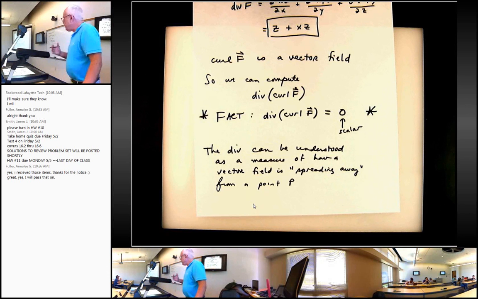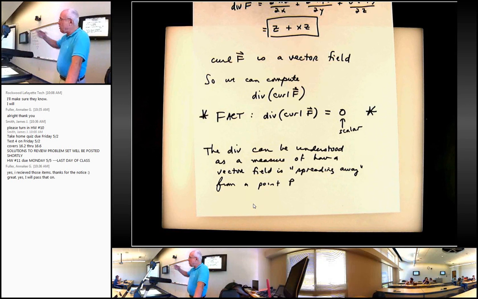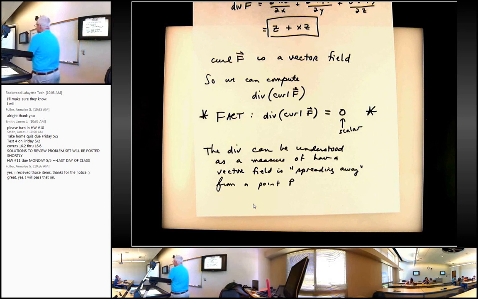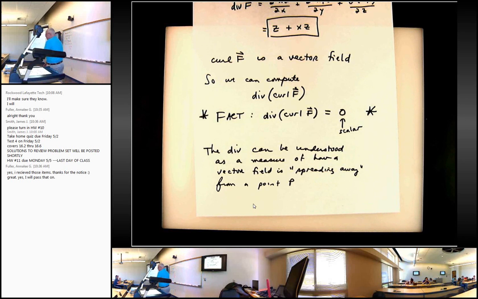If there's more flowing out of the sphere, view the sphere as some kind of permeable membrane that things can flow through, then the div will be positive. If there's more that seems to be flowing into the sphere, then the div is negative.